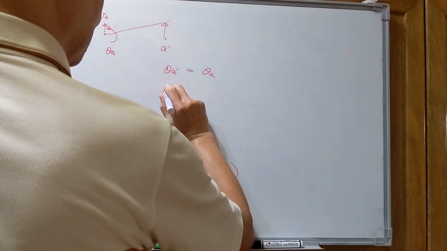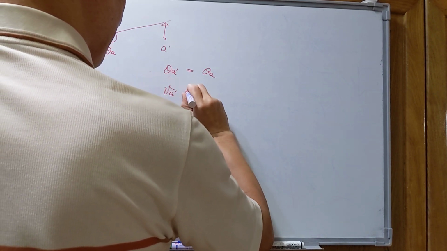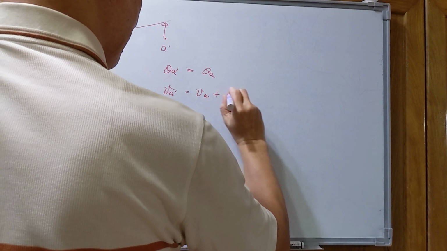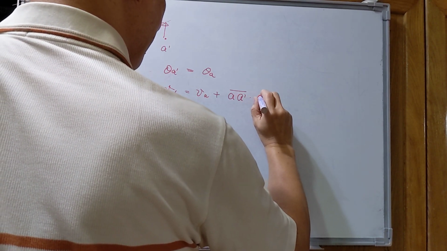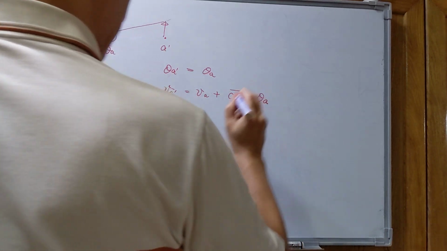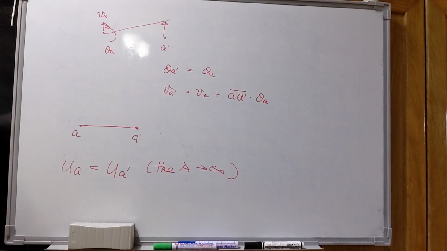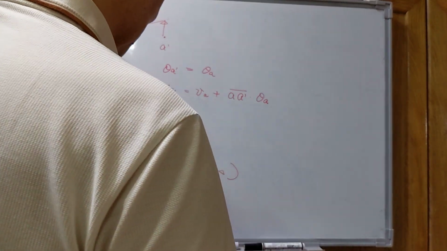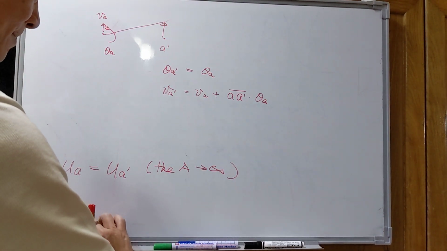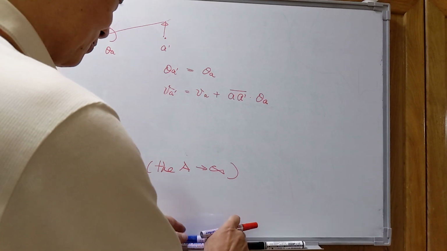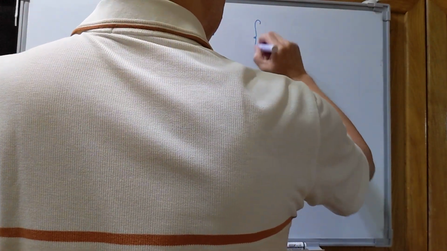So theta A prime should be equal to theta A. And what will be the VA prime? It is VA plus the length times theta A. So we can put these three equations in matrix form.